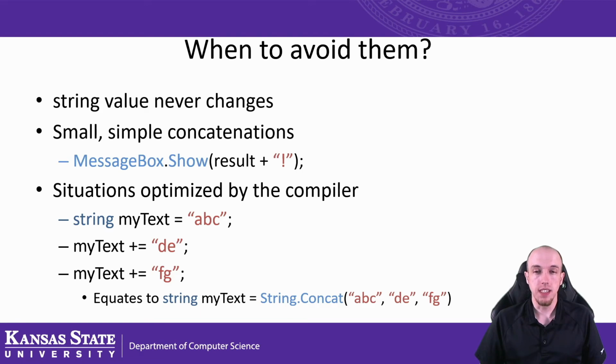This will simplify and improve the speed of your operation. Now, the compiler isn't always going to be able to optimize your code in this fashion. So just be careful when you're doing these simple string concatenations. Sometimes it does make sense to use the StringBuilder.